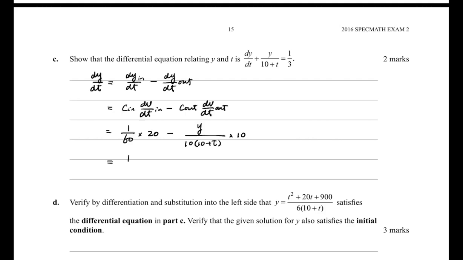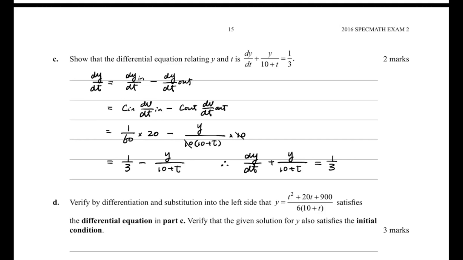So this will be 1/3 minus 10y over (10 plus t), okay? Therefore, rearrange it, you should get dy/dt plus y over (10 plus t) equals 1/3, okay?